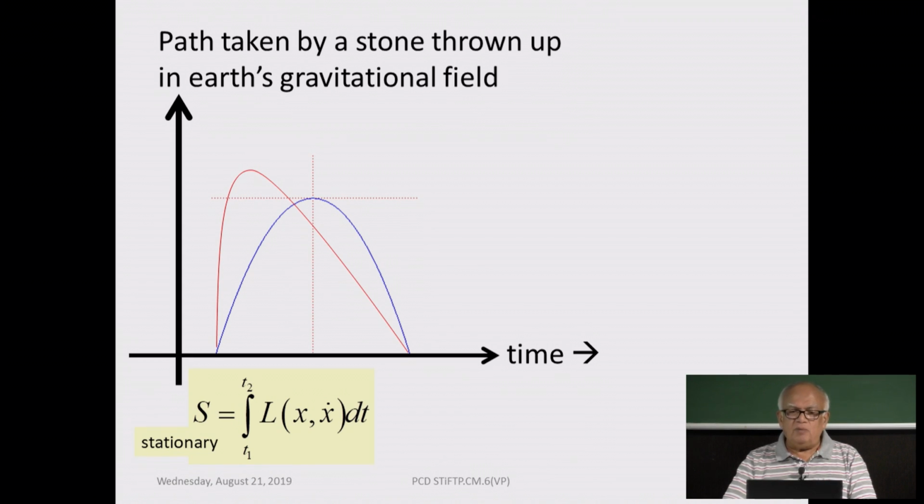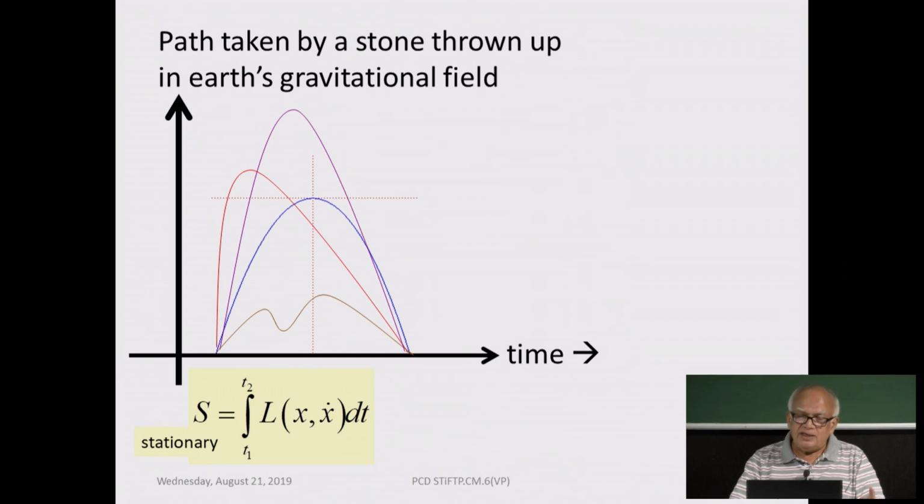And the reason you get a parabola and not some other trajectory, you can think of alternative trajectories. You can think of any other trajectory. You know that it starts from here and it falls back over here, right? So, if x is the height, then it starts from x equal to 0 and returns to x equal to 0. And between the start and the finish, it can take so many different kinds of trajectories. But the manner in which you have solved this equation is by setting the initial conditions, and only one of these will give you the correct trajectory.